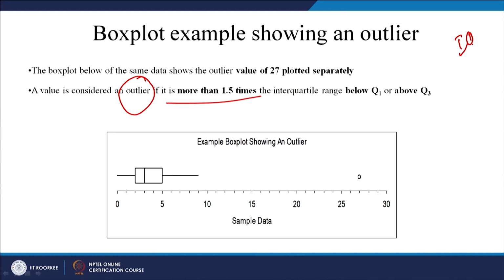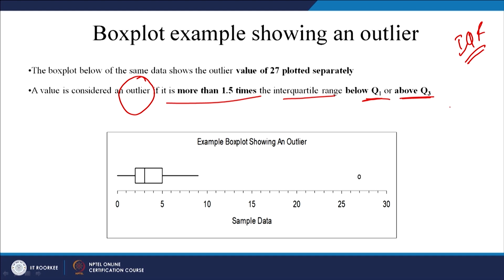There are multiple methods, but the very first method is using IQR, or interquartile range. A value is considered an outlier if it is more than 1.5 times the interquartile range below Q1 or above Q3, right.